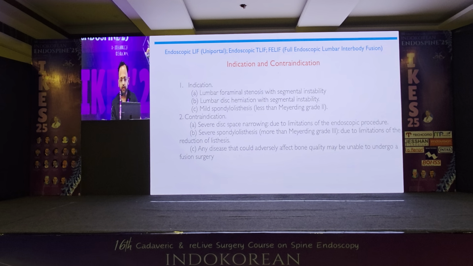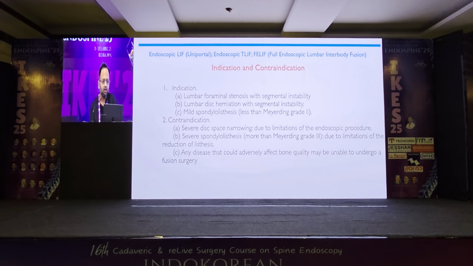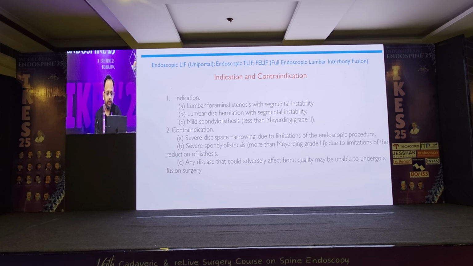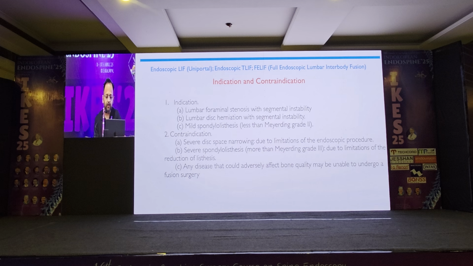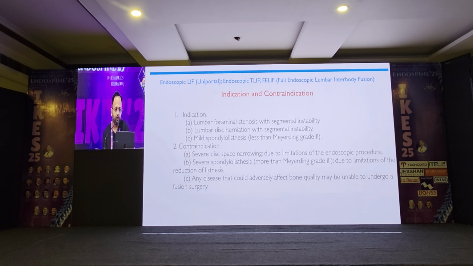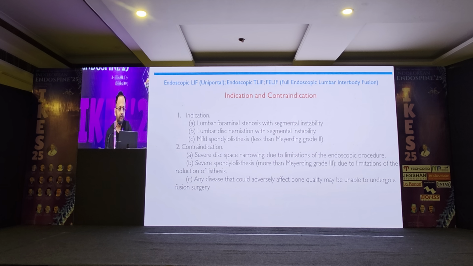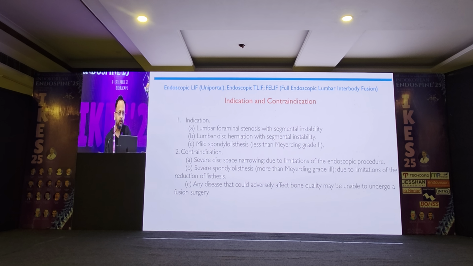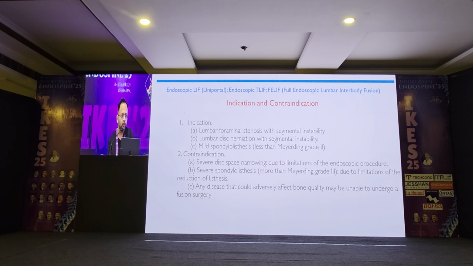Nowadays my indication for TLIF is functionally active back pain. Initial contraindications were severe disc space narrowing, more than grade 3. As Dr. Lim was saying, now we are able to do it by doing bilateral facetectomy.